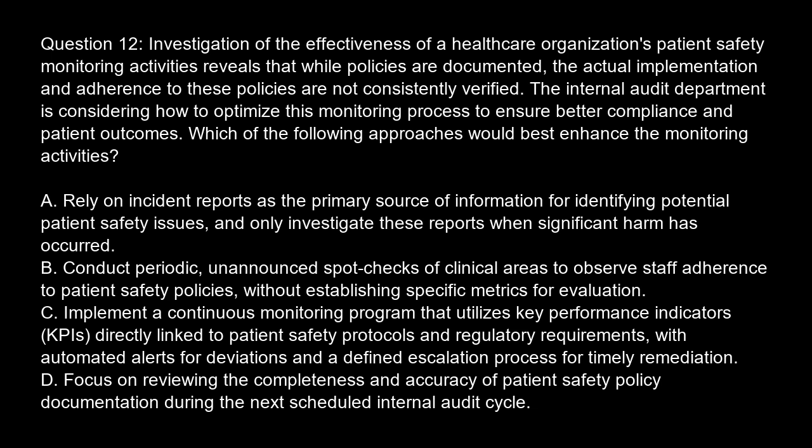Option C. Implement a continuous monitoring program that utilizes key performance indicators, KPI, directly linked to patient safety protocols and regulatory requirements, with automated alerts for deviations and a defined escalation process for timely remediation. Option D. Focus on reviewing the completeness and accuracy of patient safety policy documentation during the next scheduled internal audit cycle.